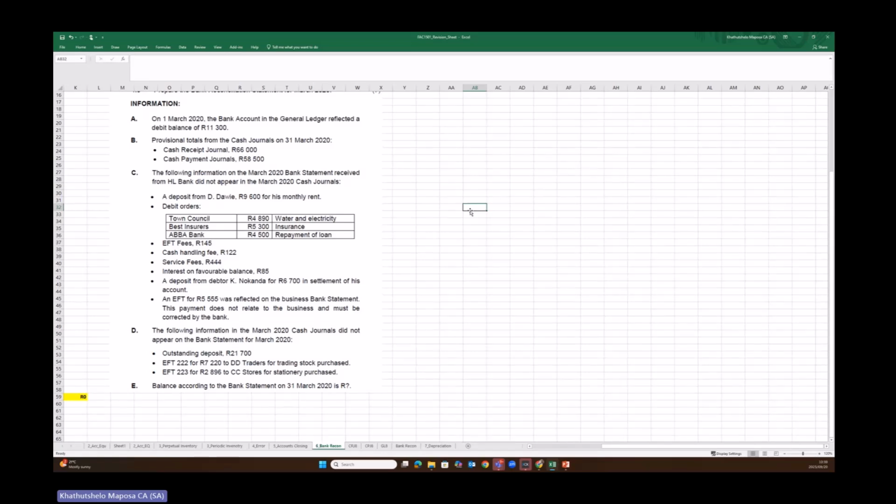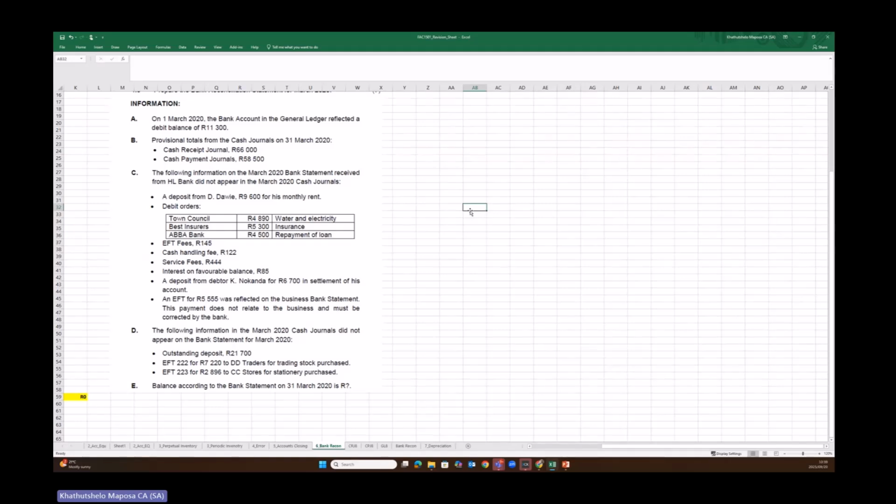We're just going to tell you what transactions were found on the general ledger but were not on the bank statement, and what transactions were found on the bank statement and were not on the general ledger or the cash books, the cash receipts journal and the cash payment journal accordingly. And you will just need to record those.